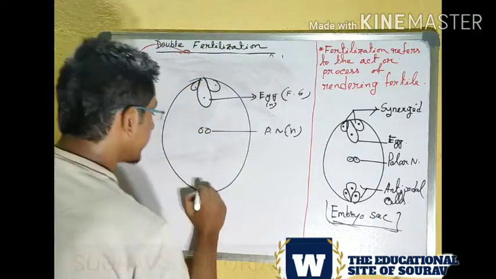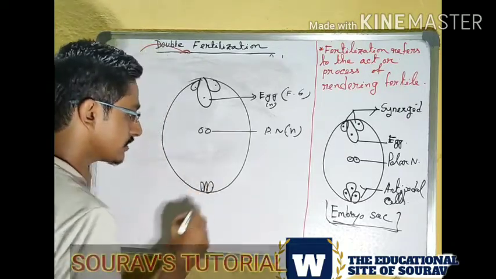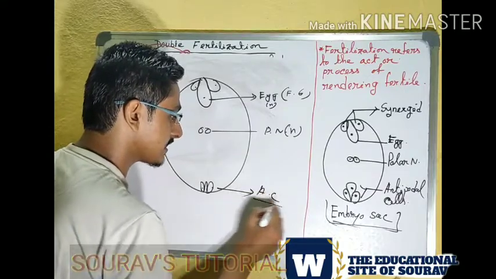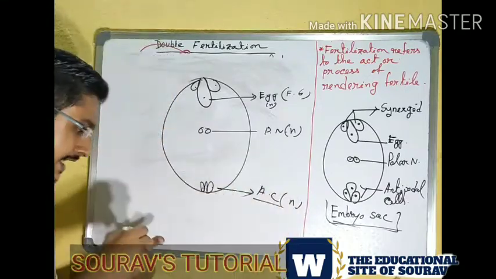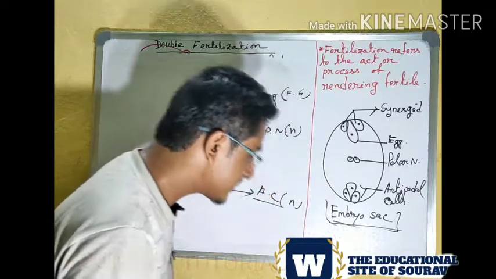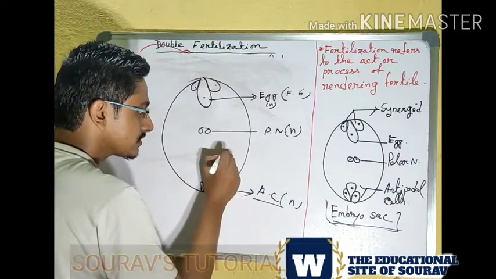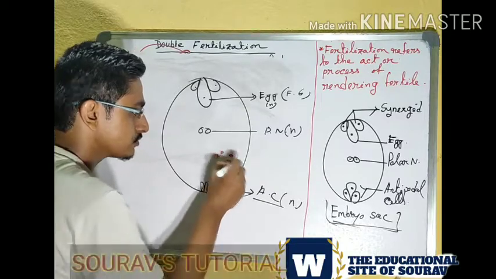In the lowermost part there are three nuclei, called the antipodal cells, and two male gametes are also released into this portion. Just remember the events, that is 1 and that is 2.